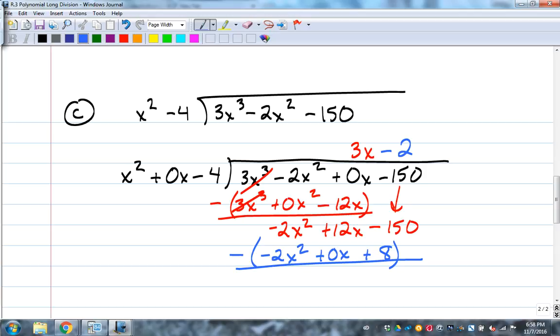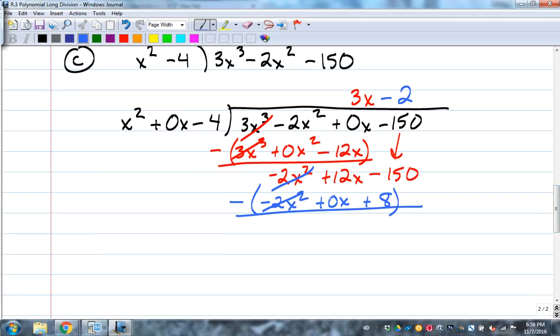That was easier because I don't have to do the letters, just the negative 2. That's negative 2x squared, 0x, plus 8. Be careful on signs on that. Then simplify. 12 minus 0 is 12x. Negative 150 minus 8 would be negative 158.